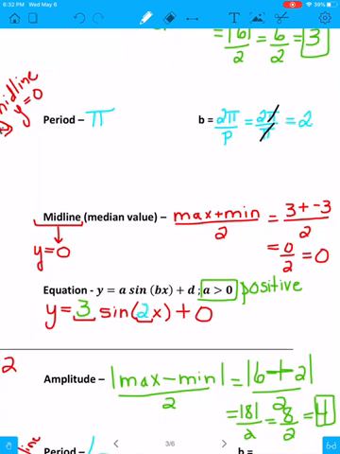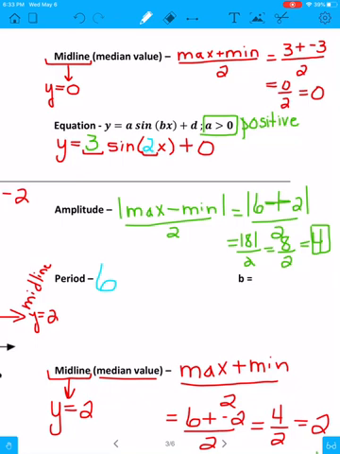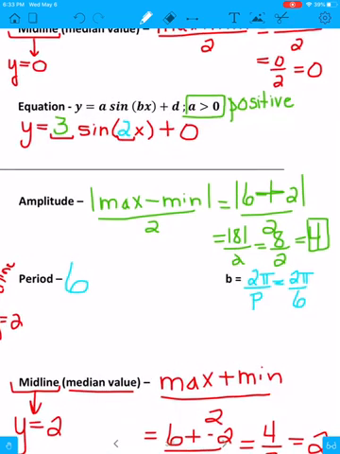So down here we have a 2. So if you ever try and put the period right in for B, you're going to be wrong every single time. Okay? For B, here we have 2 pi divided by P. So in this case, it's 2 pi divided by 6.